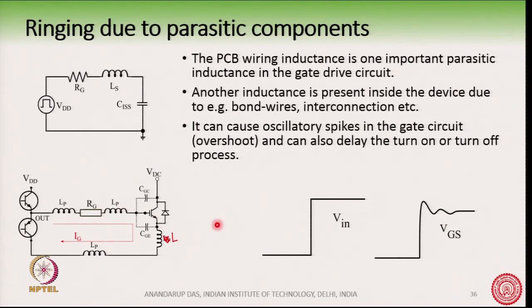And so, what will happen is that if this is an underdamped system, then we would ideally want to have a gate emitter voltage like this, but because of the RLC circuit, the gate emitter voltage will be oscillating like this here. This one should be VGE. So, this voltage here will be oscillating in nature.